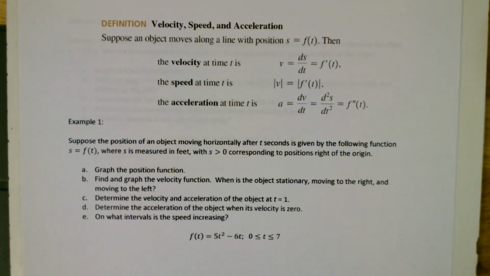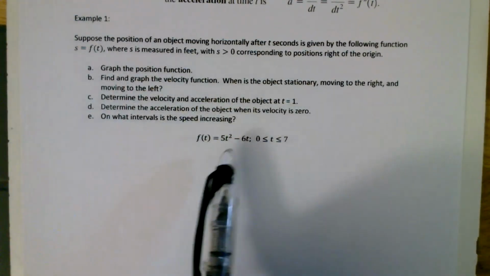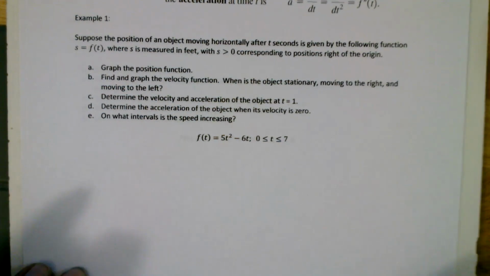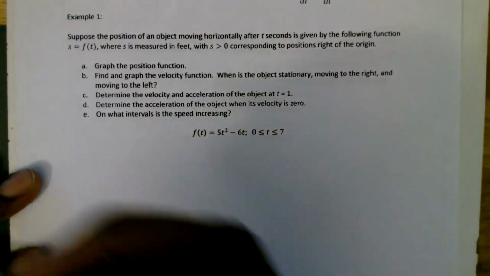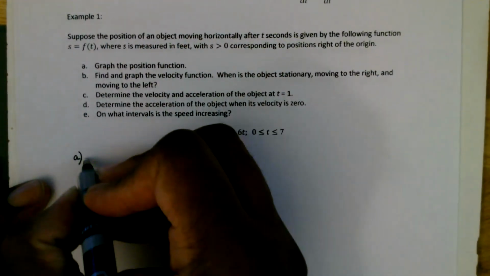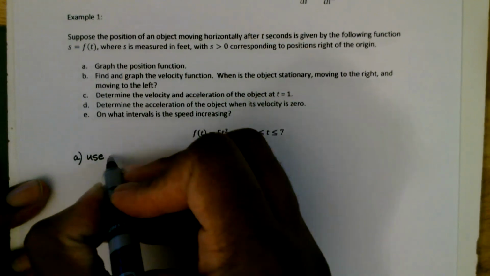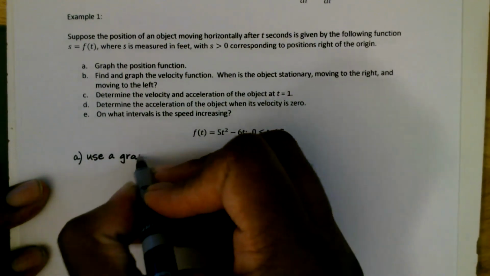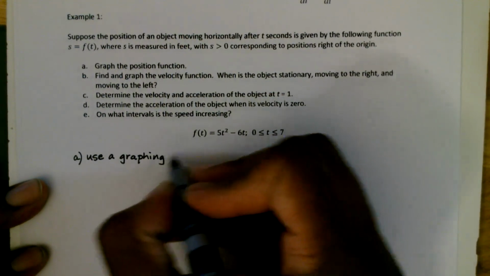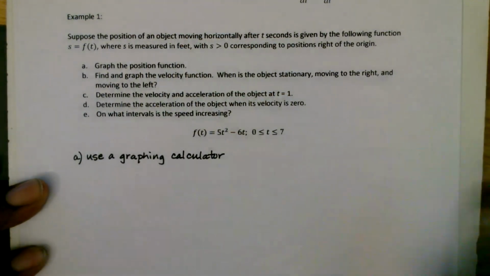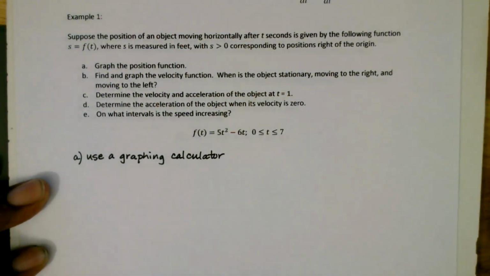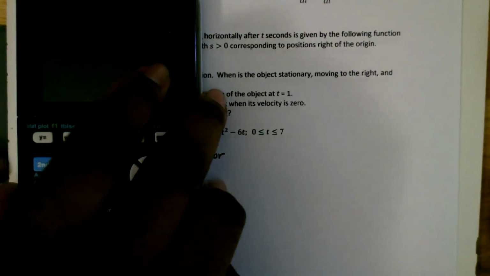All right. So in part A, we're going to graph the position function. My position function is this. We're going to graph that on a coordinate plane, but we're going to use our graphing calculator to do this. So here's my graphing calculator.